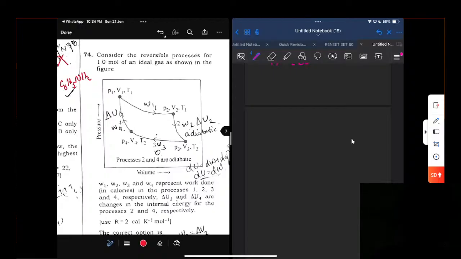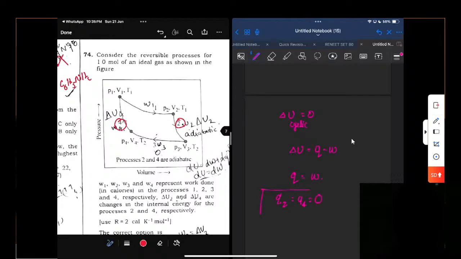For a cyclic process, delta U is equal to 0, the change in internal energy is 0. By the first law of thermodynamics, delta U is equal to Q minus W. If one complete cycle takes place, then net heat will be equal to work done.